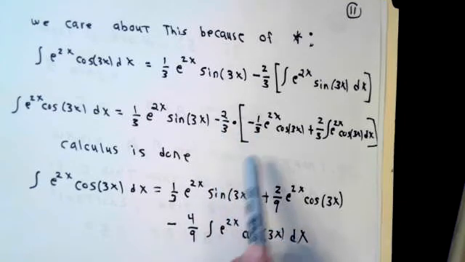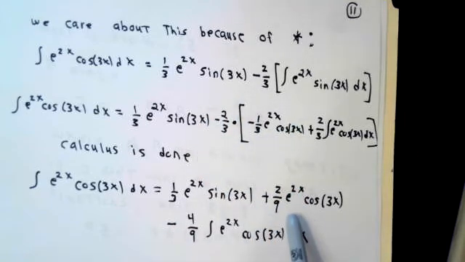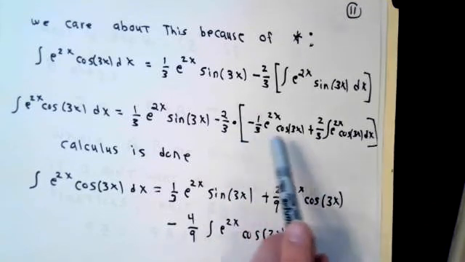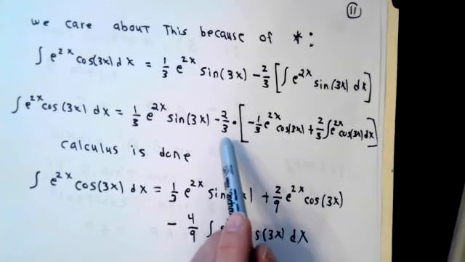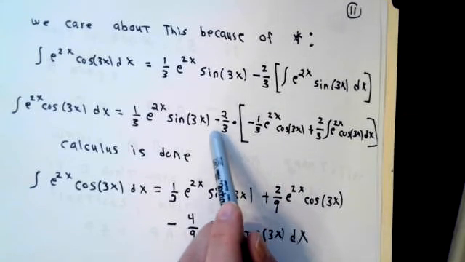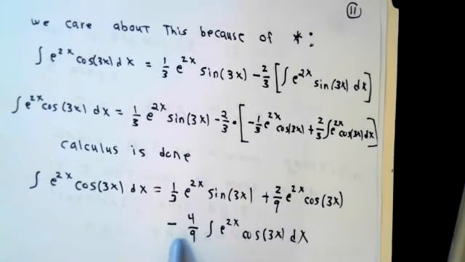Minus that, this first term is going to be plus 2/9 e to the 2x cosine 3x. Then I've got 2/3 times the thing that I'm after. I've got to multiply that by 2/3 and subtract, minus 4/9 times the thing that I'm after.